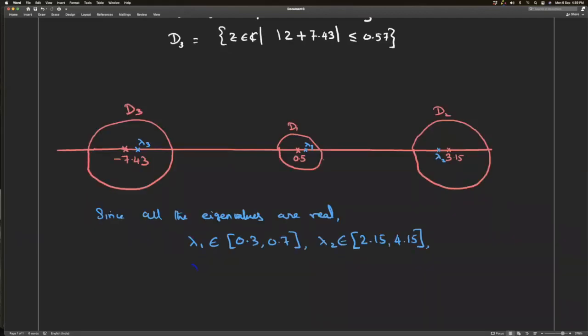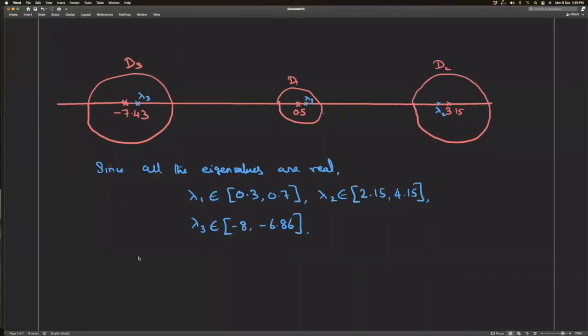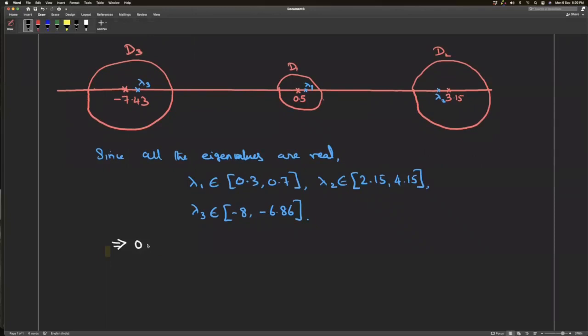And lambda 3 is going to be in -8 to -6.86. So this is what we infer from the Gerschgorin circle theorem. Now, the first one implies the first eigenvalue is bounded by 0.3 to 0.7.